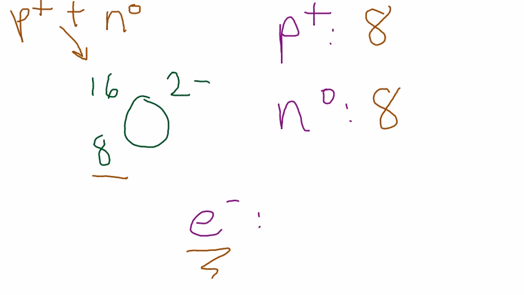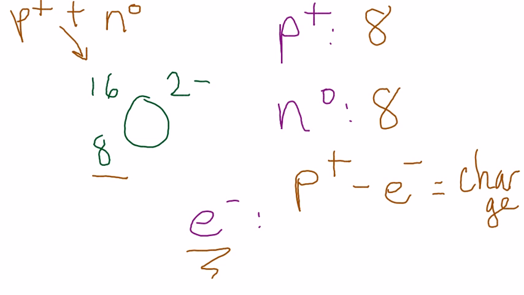So the last thing we have to figure out is how many electrons there are. Now, in a previous video, I showed you that we can come up with a little formula. We know that protons minus electrons equals the charge. So here, we know that the number of protons is 8.